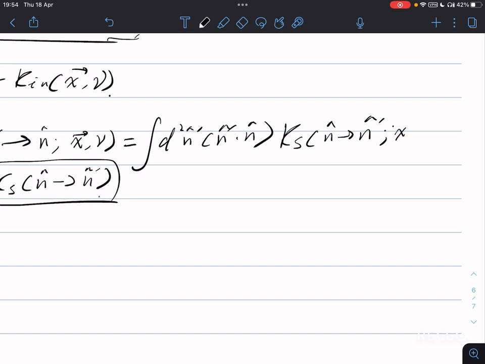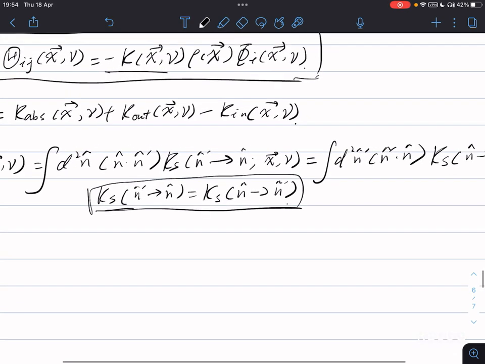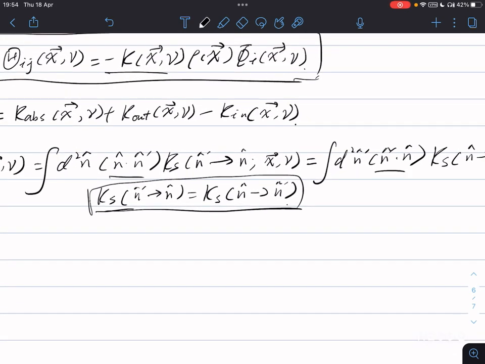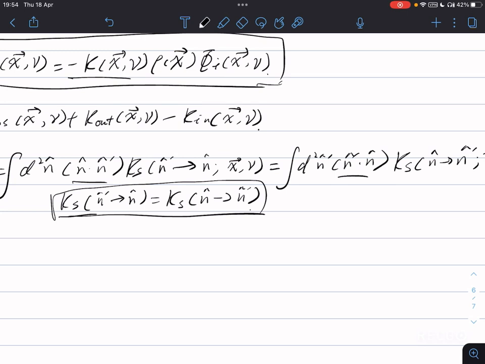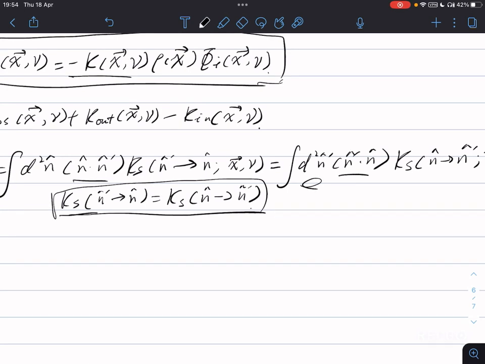Notice that the scalar product is independent of the order of n prime and n, and we can change the integration variable, and the integral will be the same.